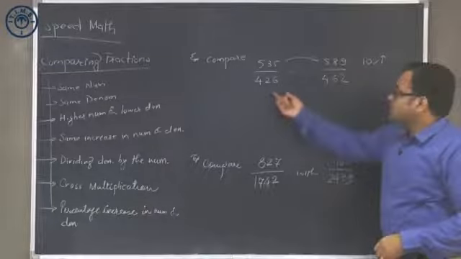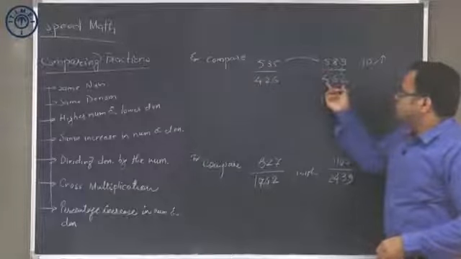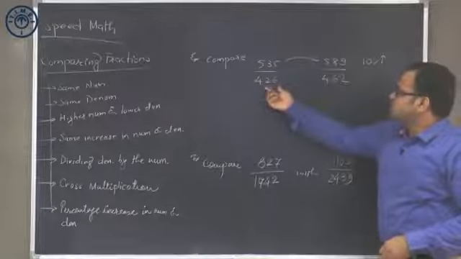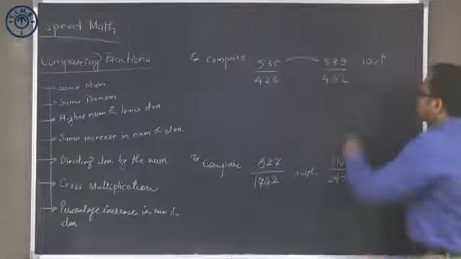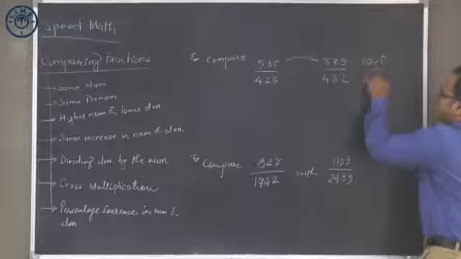Whereas if I look at the denominator, 426 to 462, the difference is of 36. If the difference is of 36, this increase is less than 10%.